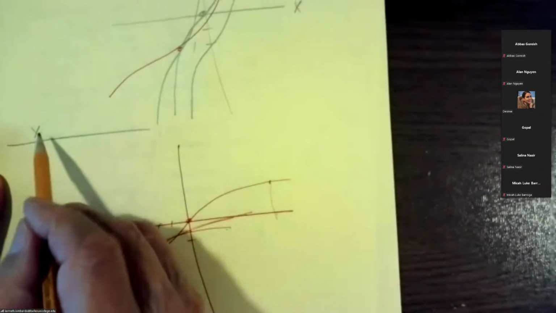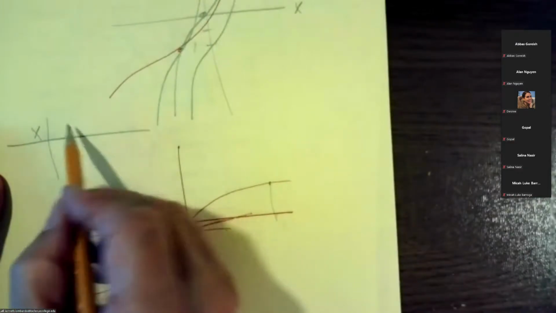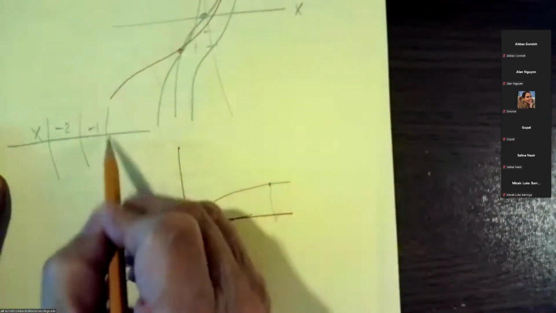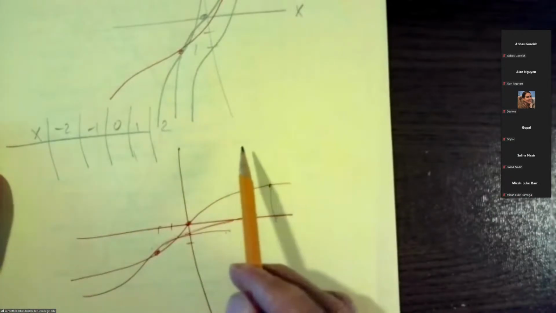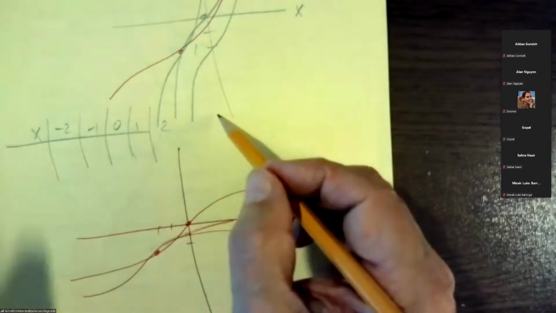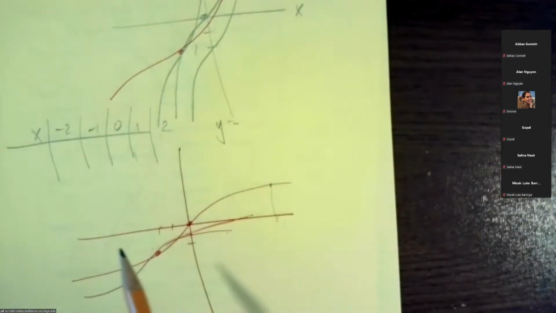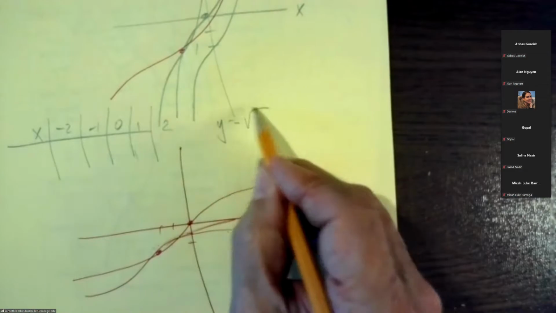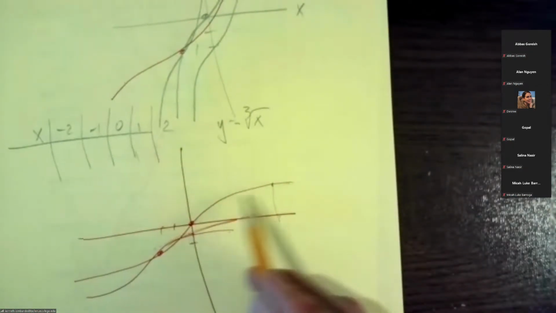If we go x and we go like what? -2, -1, 0, 1, 2. And we're starting off with y equals cube root of x. So we know that it begins this way.